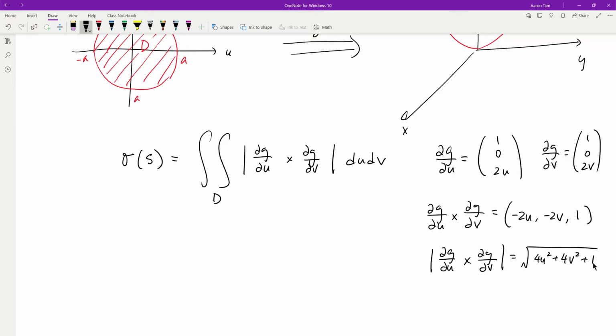So that would be what we are trying to integrate. So let's go ahead and set up our integral. Our area integral will be the double integral over D of the square root of 4u squared plus 4v squared plus 1 du dv.